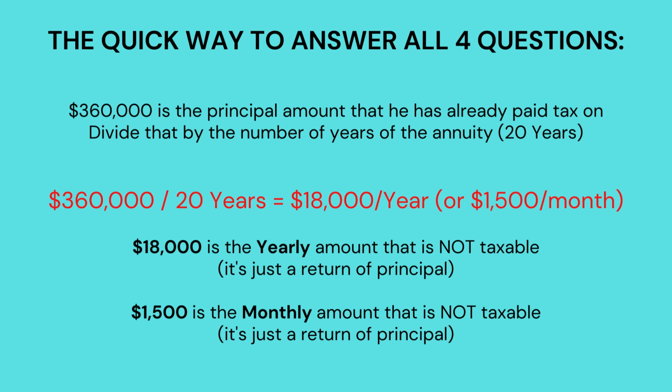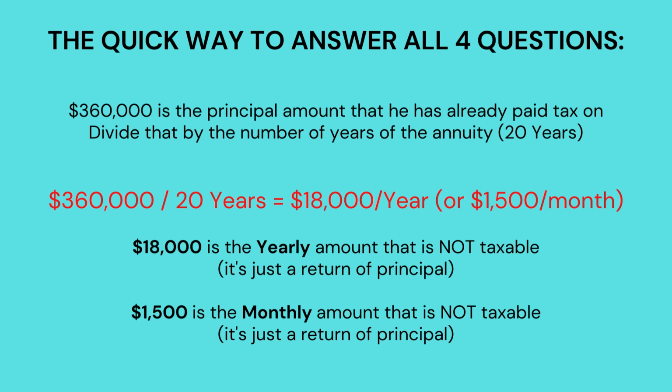So what have we established? If you look in red, there's the math. $360,000 for the lump sum that he gave to the insurance company, divided by 20 years, comes to $18,000 a year. Now, if you need to answer that based on a monthly amount, you simply take the $18,000 and divide that by 12 months.